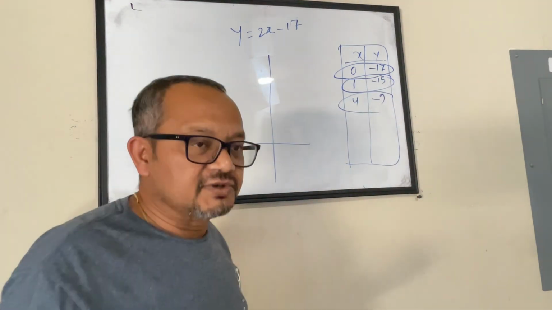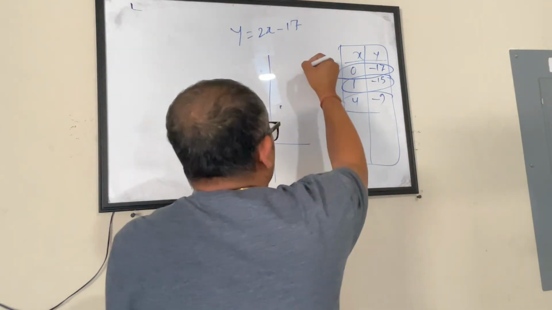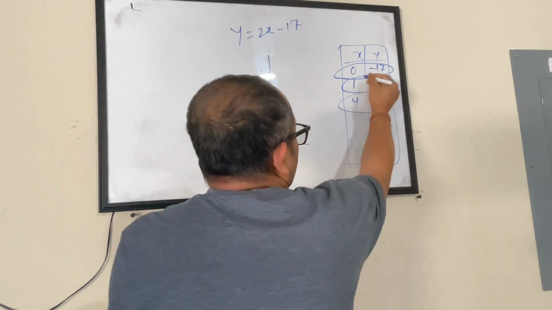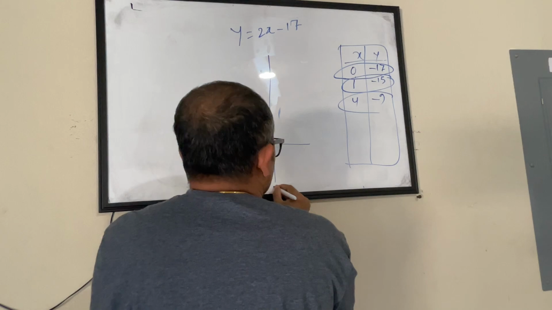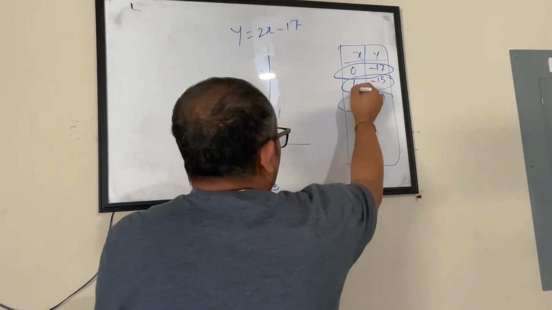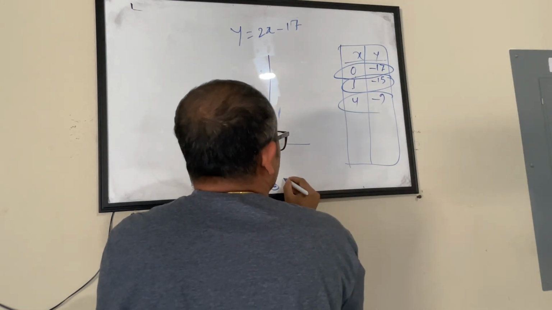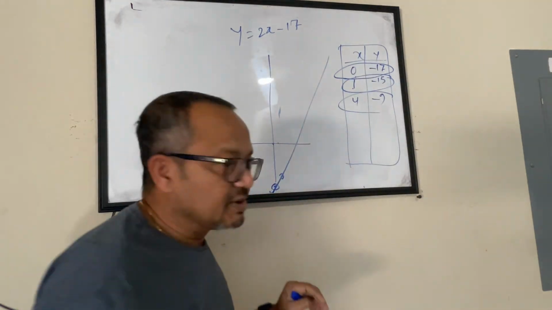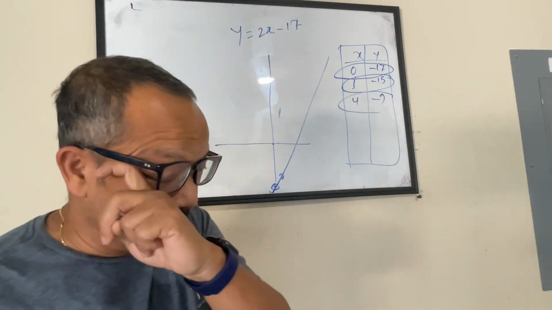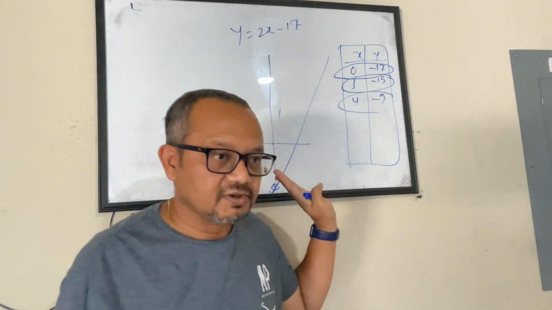For drawing a line, you just need 2 points. So 0, minus 17 is your one point, 1 and minus 15 is the second point. Join it, and that becomes your line. That part is clear, right? No confusion, correct?